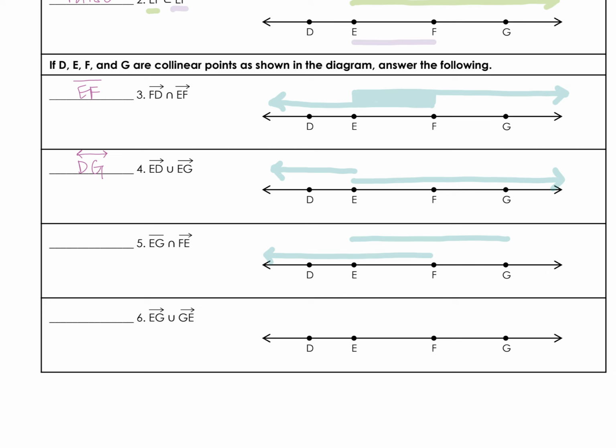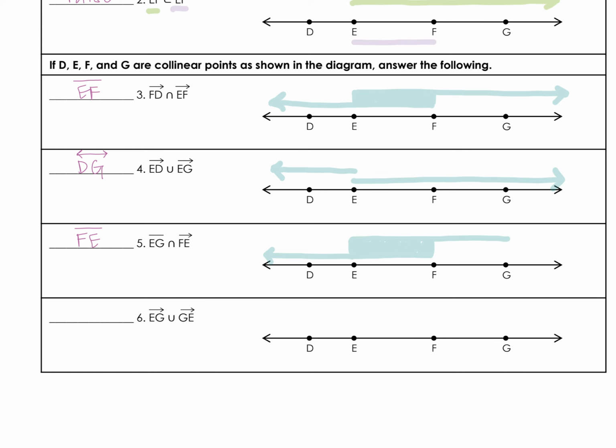So we want to just see where these two are overlapping, and that's going to be from that point E all the way to point F. Or I'll just do the reverse since I did it EF before, and we'll just say segment FE also works here.